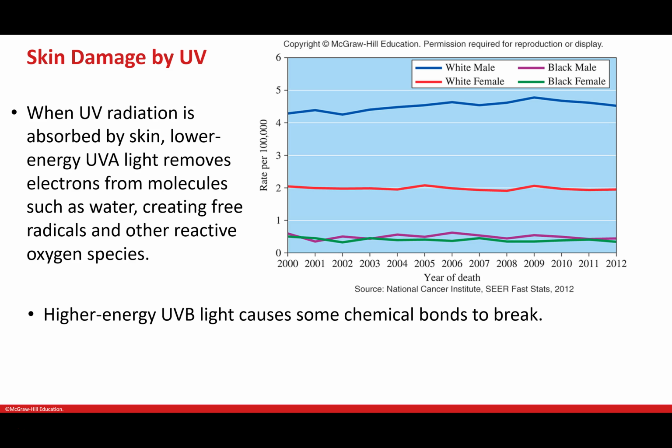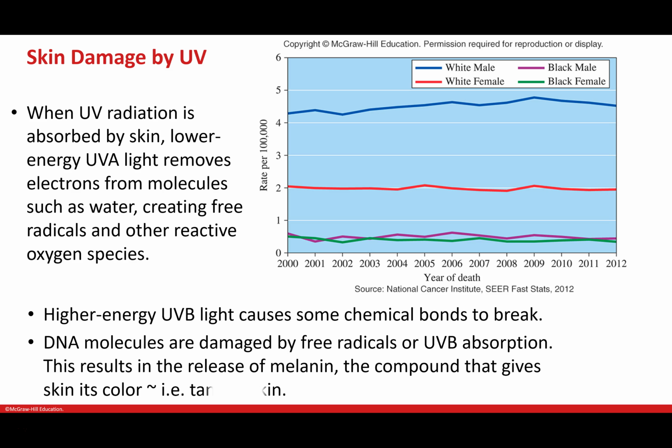So that was UVA. UVB then, I got this wrong. Wait, no, yeah, UVB actually interacts and causes melanin to be released in our skin tissue, and that's what makes our skin look nice and brown.